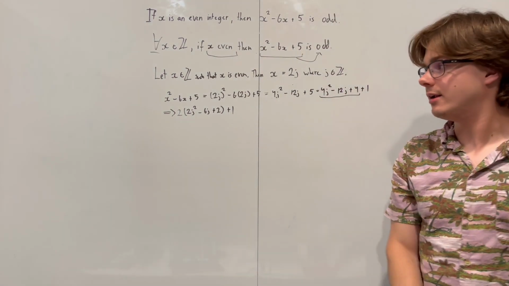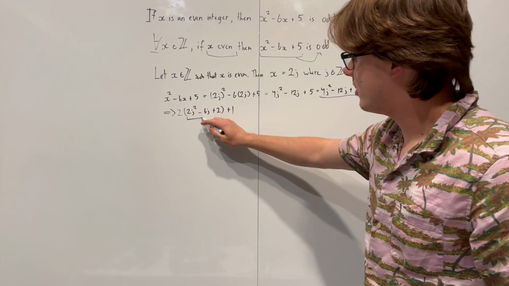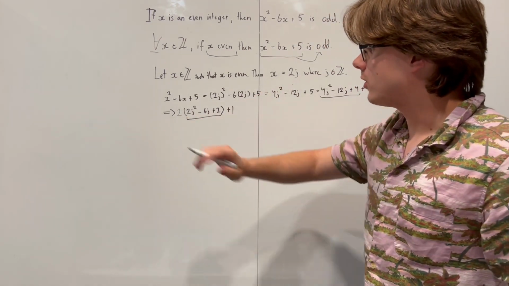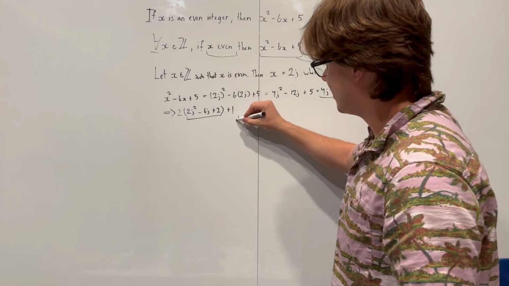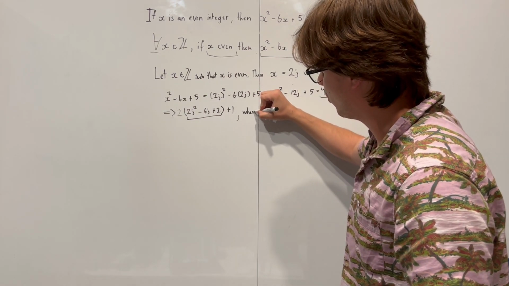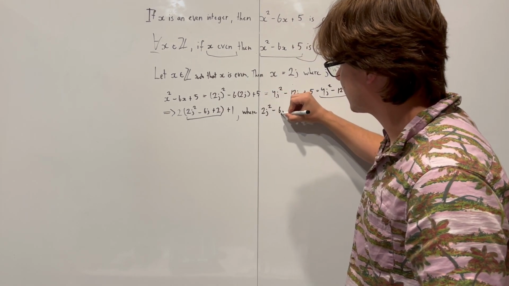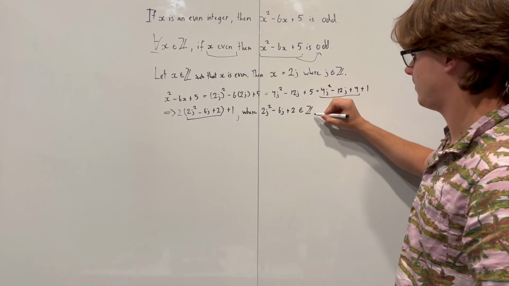Okay, we got it. Okay, awesome. Now all we have to recognize is this here is just any integer, even or odd, we don't care, multiplied by 2, and then you add a 1, which is our definition of an odd number. So then we say, where 2j squared minus 6j plus 2 is an integer.